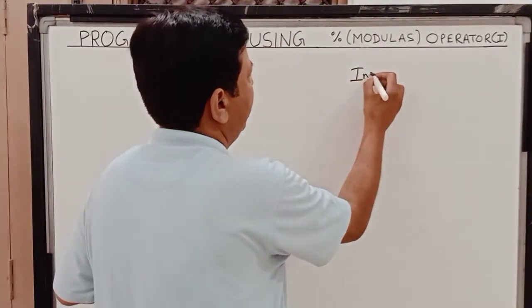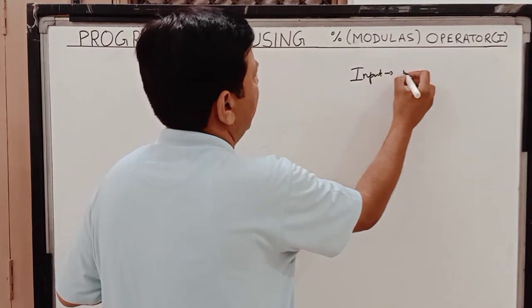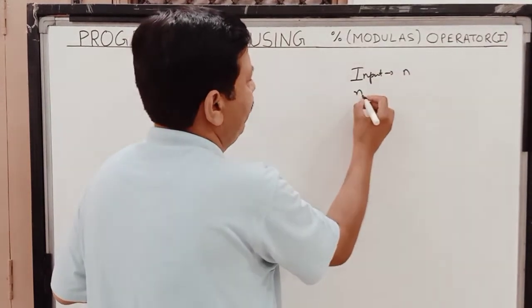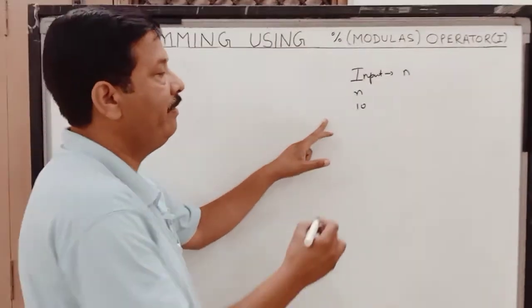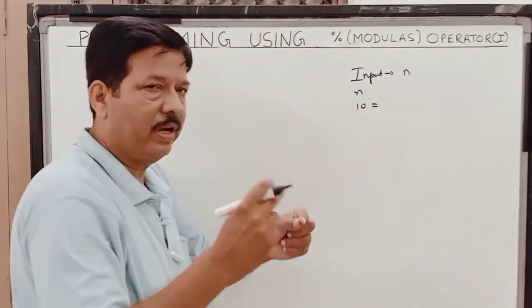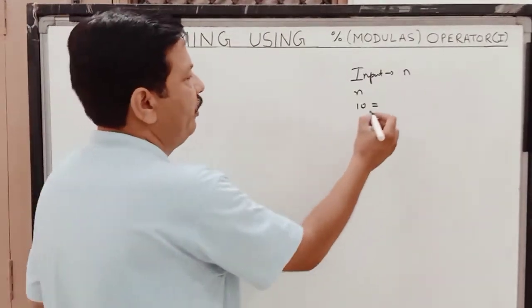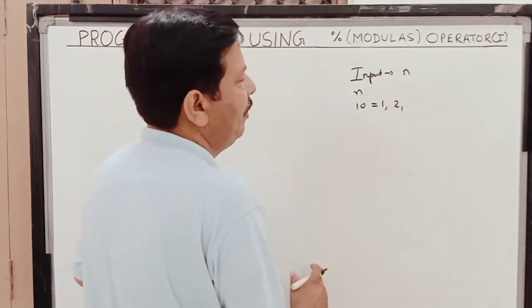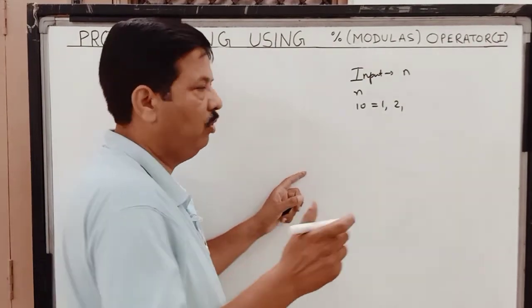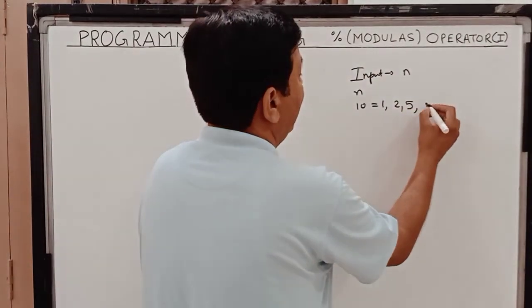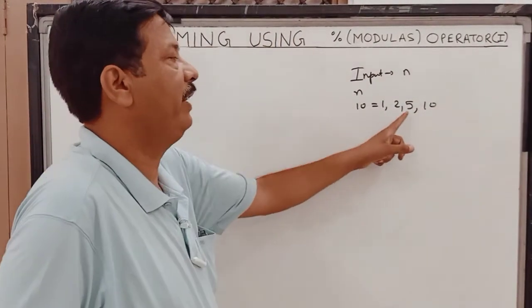Now children, say for example, I input a number n. Say if n is 10, then the factors of 10 will be all the numbers which divide 10. 1 divides 10, 2 divides 10, 3 does not, we will not print it, 4 no, 5 yes, 5 divides it, and then 10. So these are the factors of this number.